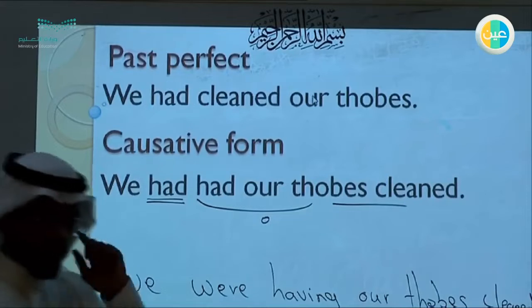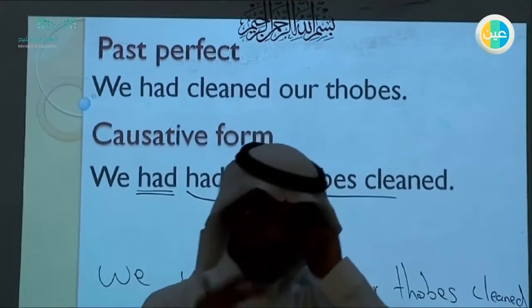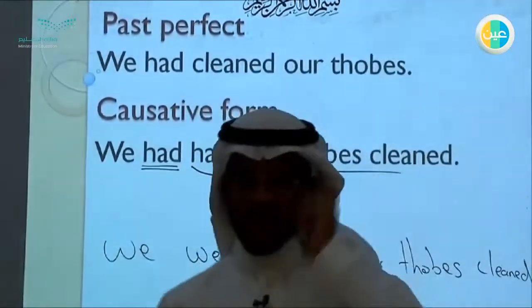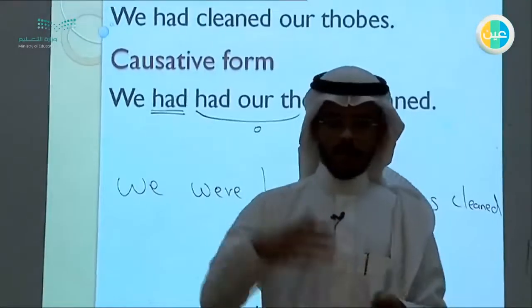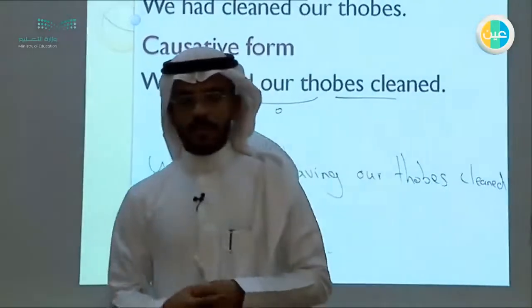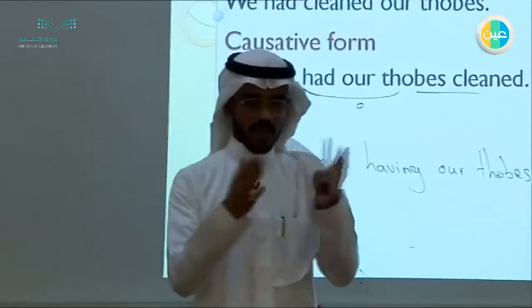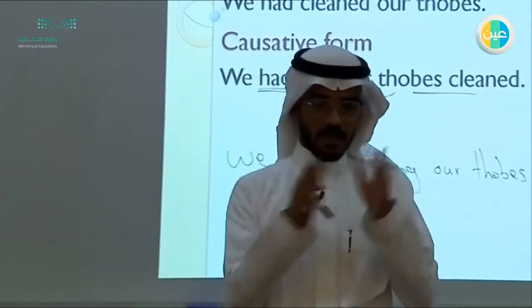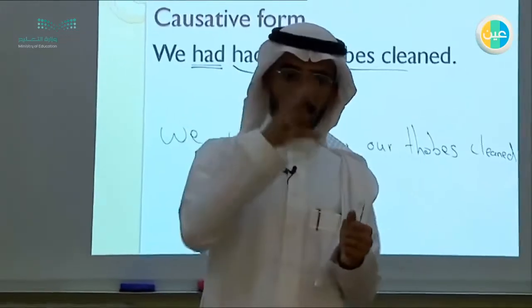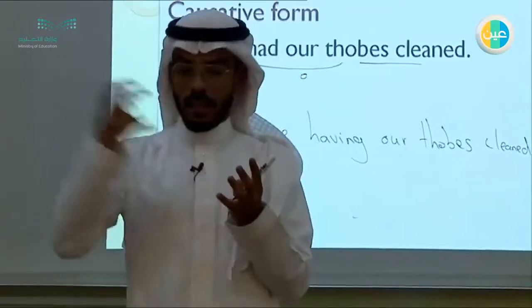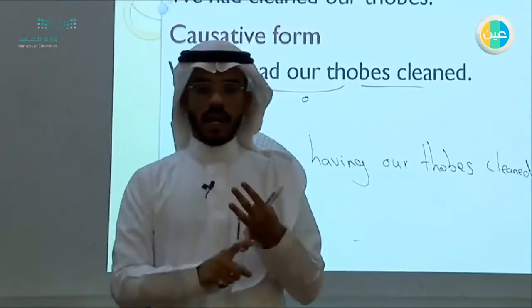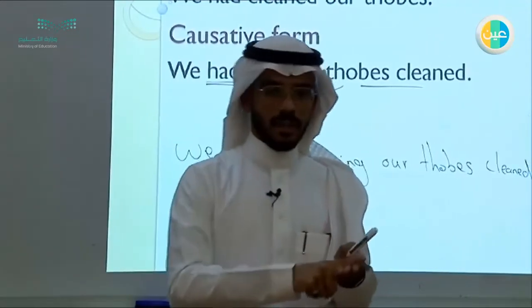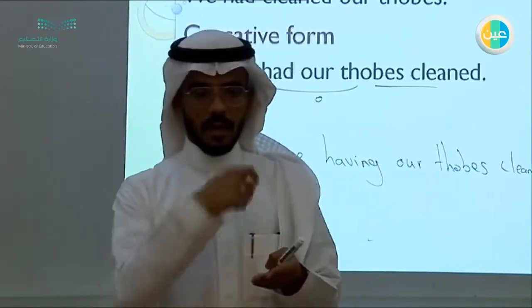Past perfect, as you know, is used when you talk about two actions in the past and the first action happened before the second action. يعني شيء صار في الماضي، ولكن الحدث الثاني ما تم إلا بعد ما تم الحدث الأول. مثلا I had brushed my teeth، أنا أنهيت أو فرشت أسناني.